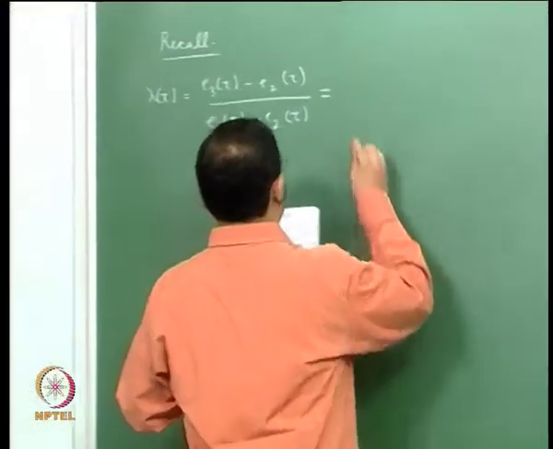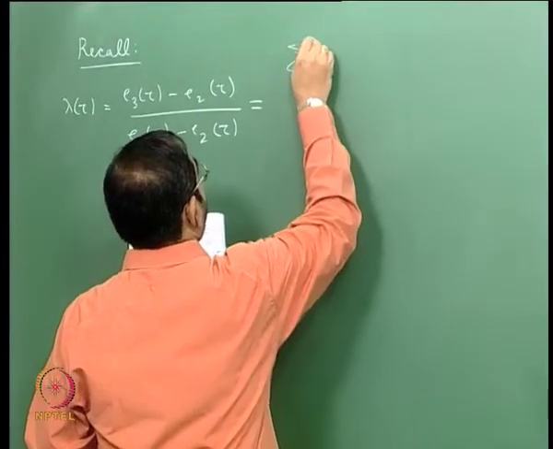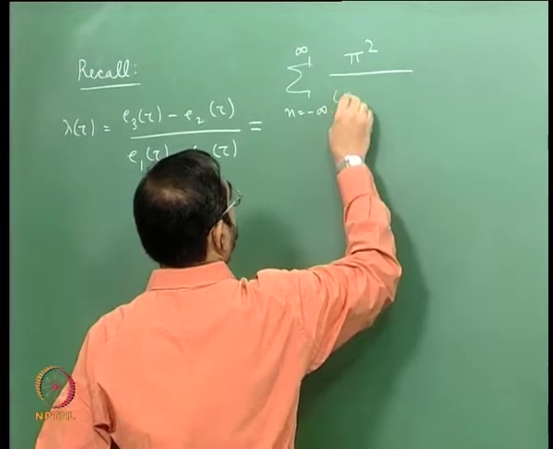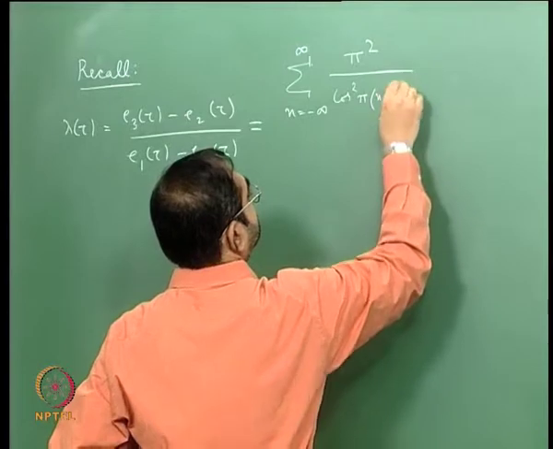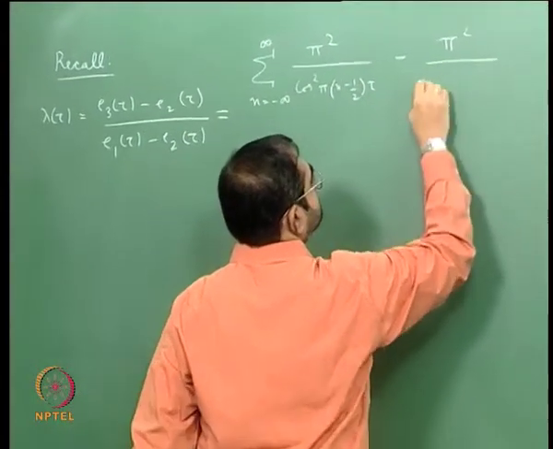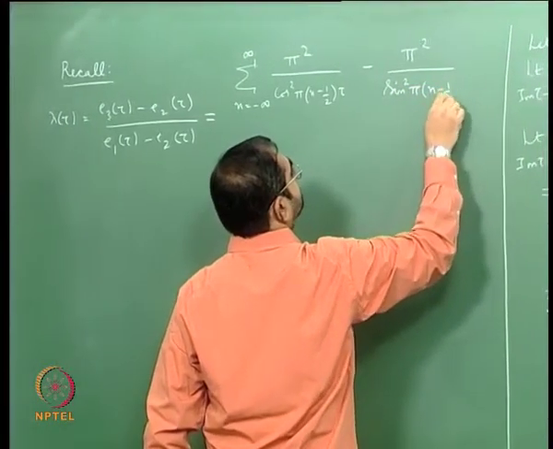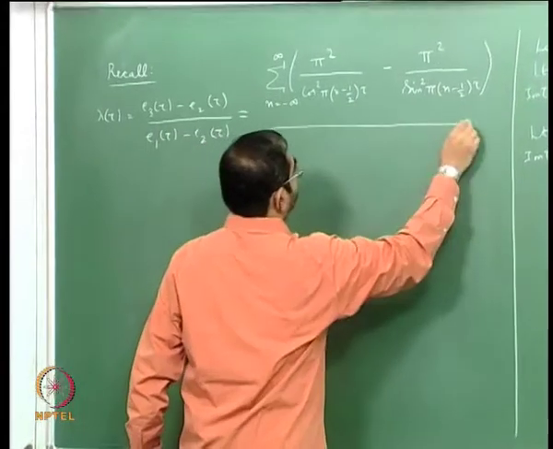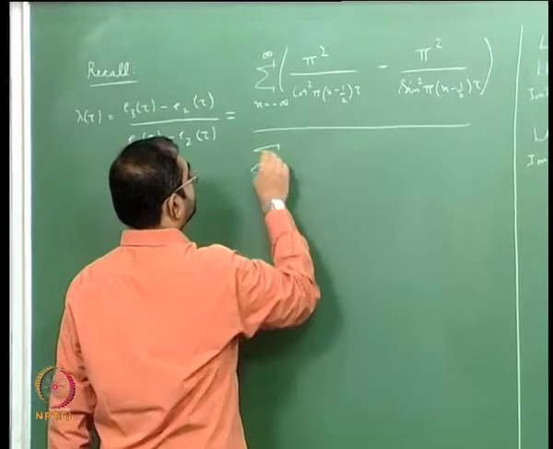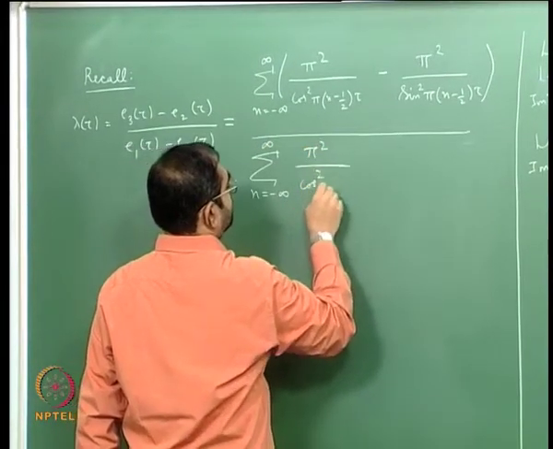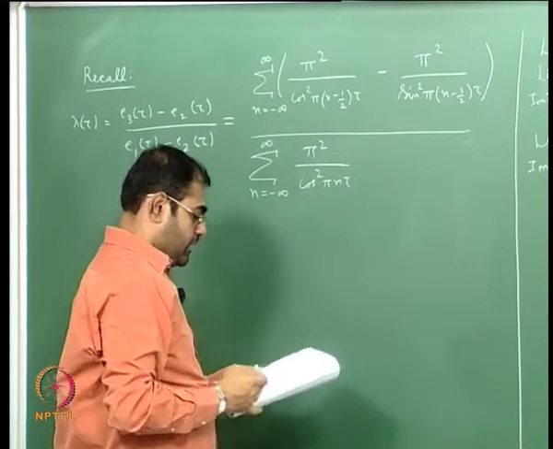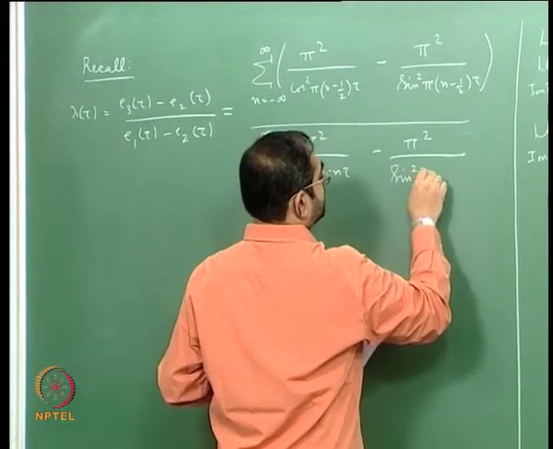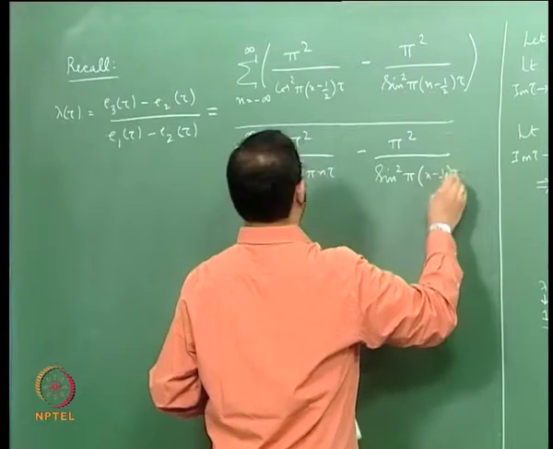So E3 minus E2 turned out to be the sum over n from minus infinity to infinity of pi squared over cos squared of pi (n minus half) tau minus pi squared over sin squared of pi (n minus half) tau, and E1 minus E2 turned out to be the sum over n from minus infinity to infinity of pi squared by cos squared of pi n tau minus pi squared by sin squared of pi (n minus half) tau.